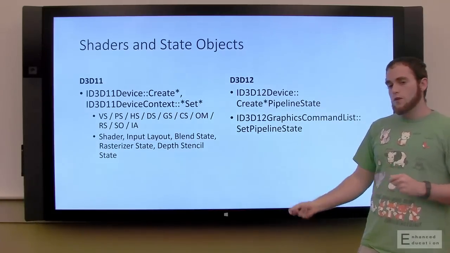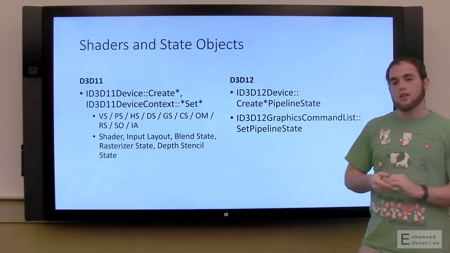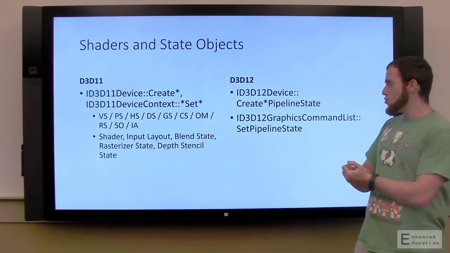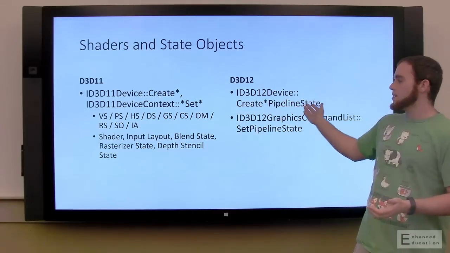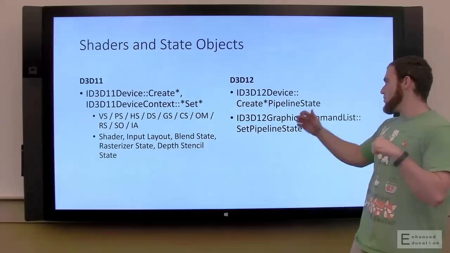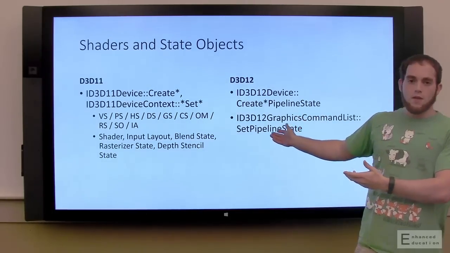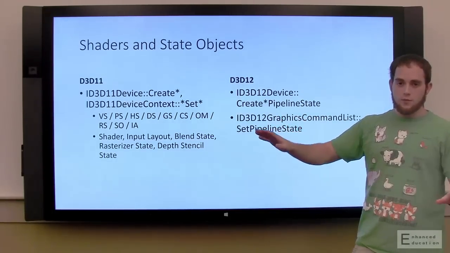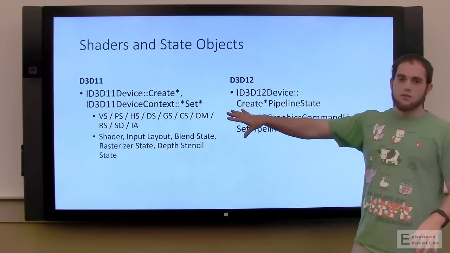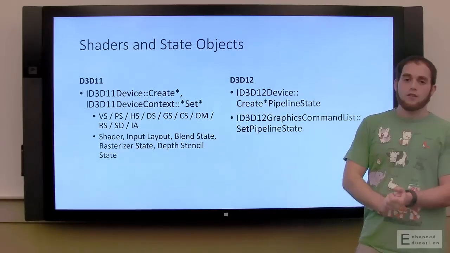In D3D12, we have accumulated all of these objects into a single object, which we've termed the pipeline state object. You create it using the create pipeline state methods. There's a graphics and a compute version of that. And you use the command list set pipeline state method to apply it. So it's a single object and a single method, replacing all of these different pieces that you would set independently in D3D11.